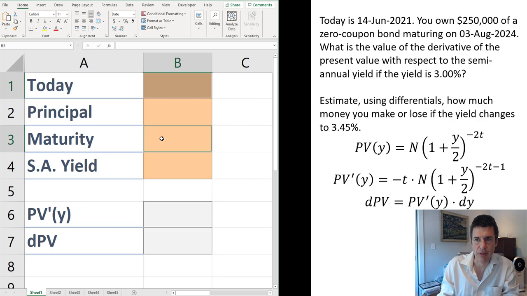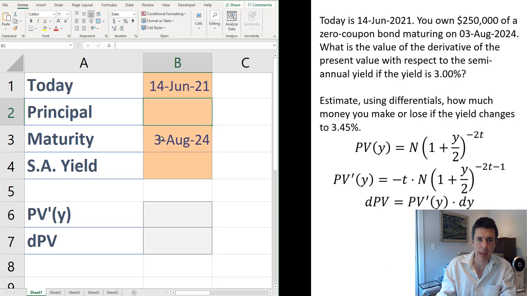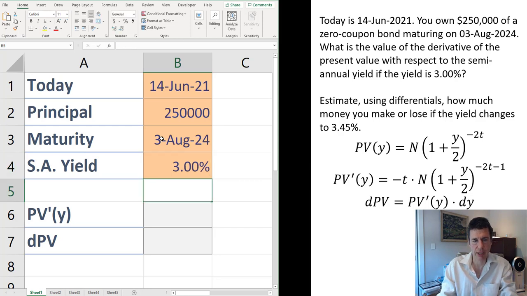So we'll set up with my favorite date format. So this is 6/14/2021. The maturity is 8/3/2024. The principal is $250,000. The semi-annual yield is 3%.